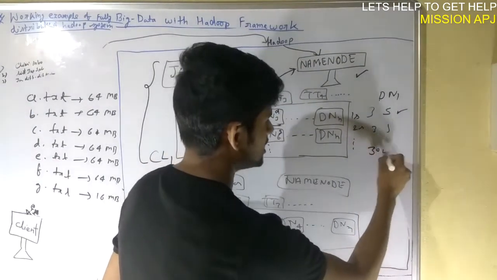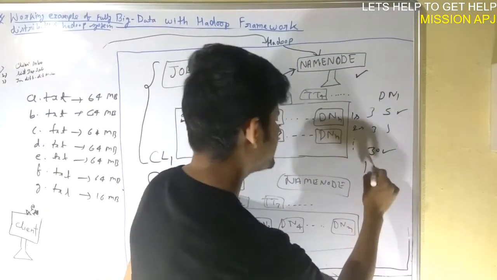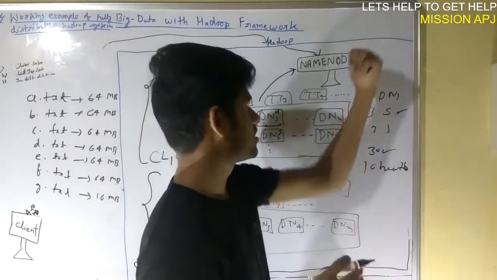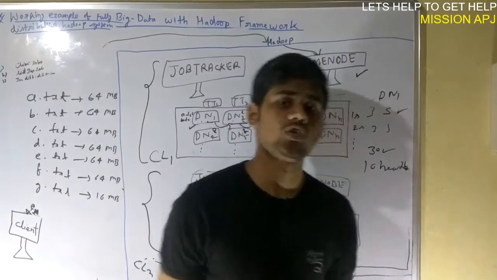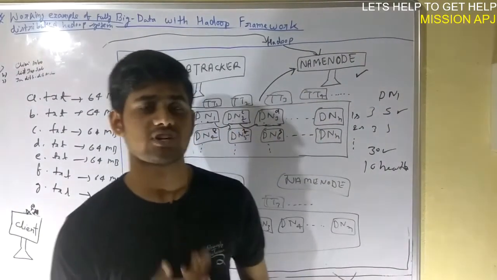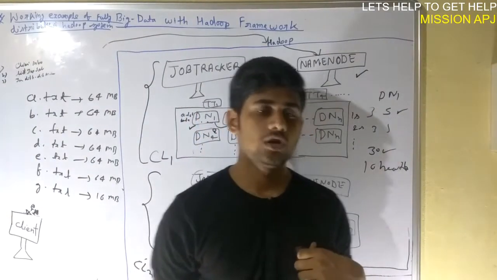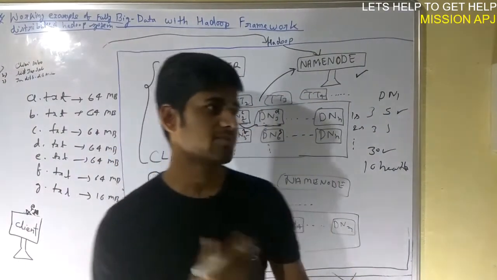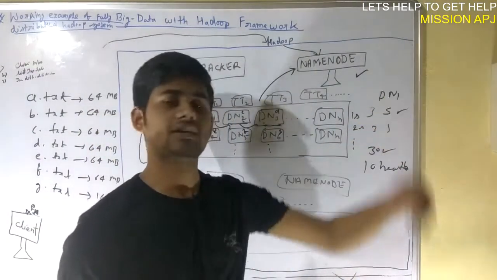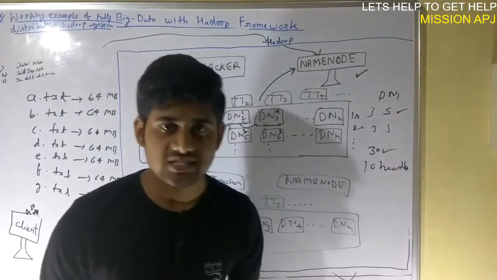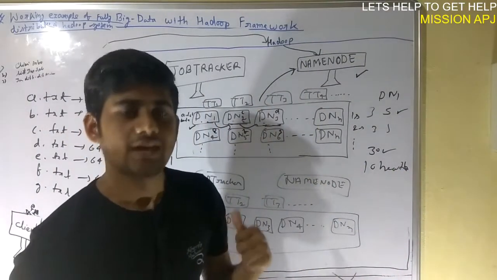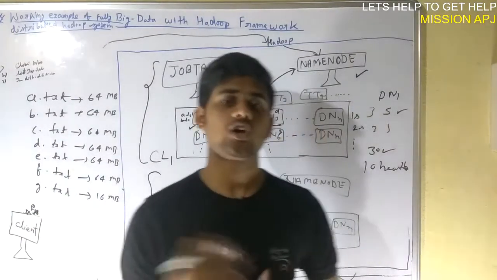Suppose it has been set in the name node that if a data node does not contact even after 30 seconds, that is after 10 heartbeats, then the name node will understand that the data node, here data node 1, has either failed or hung.